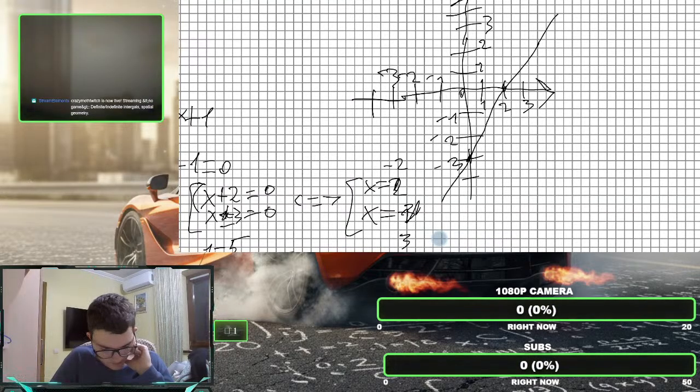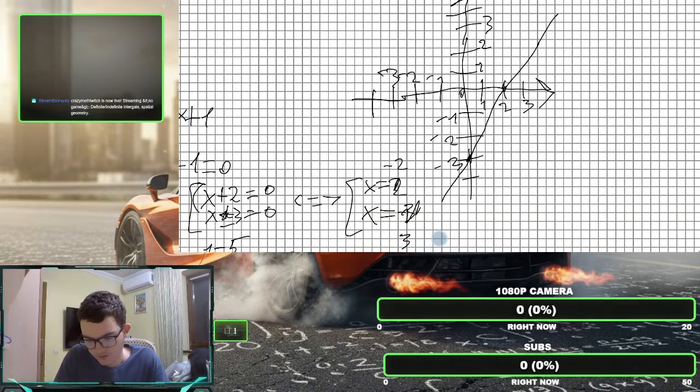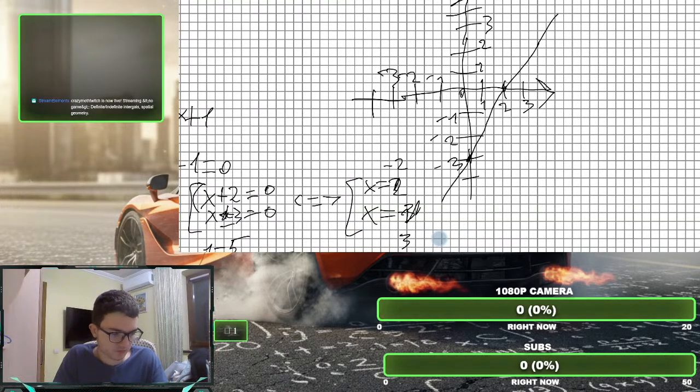So it's a kind of formula here. I don't know if it's written there. You should need to remember it and stuff.